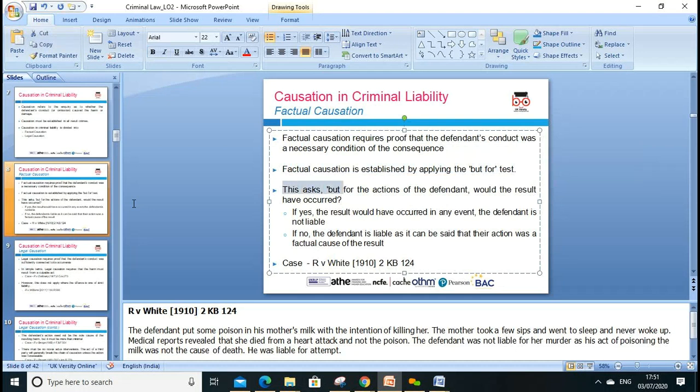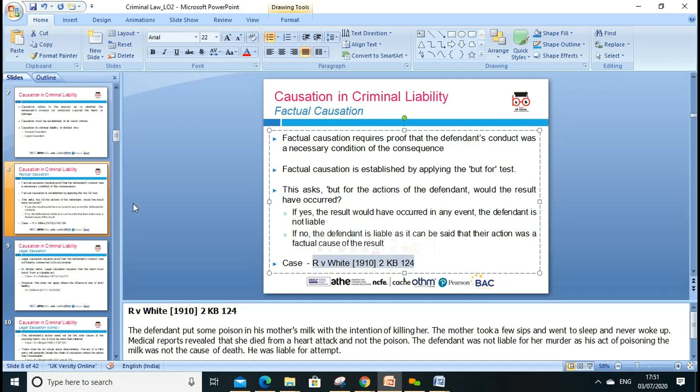This asks, but for the action of the defendant, would the result have occurred? If yes, the result would have occurred in any event and the defendant is not liable.